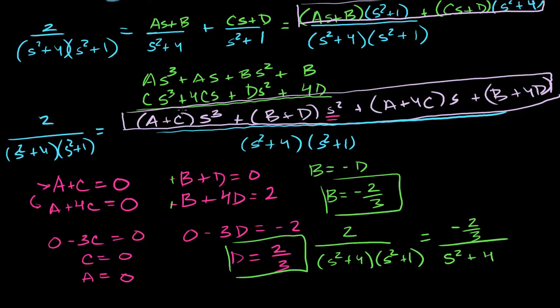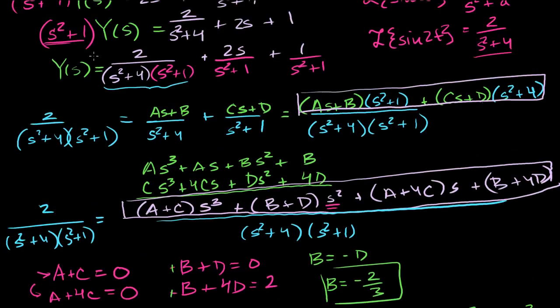And then c is 0. We figured that out. And then d is 2/3. So plus 2/3 over s squared plus 1. So all of that work that I just did, that was just to break up this piece right here. That was just to break up that piece right there. And of course, we have these other two pieces here that we can't forget about.